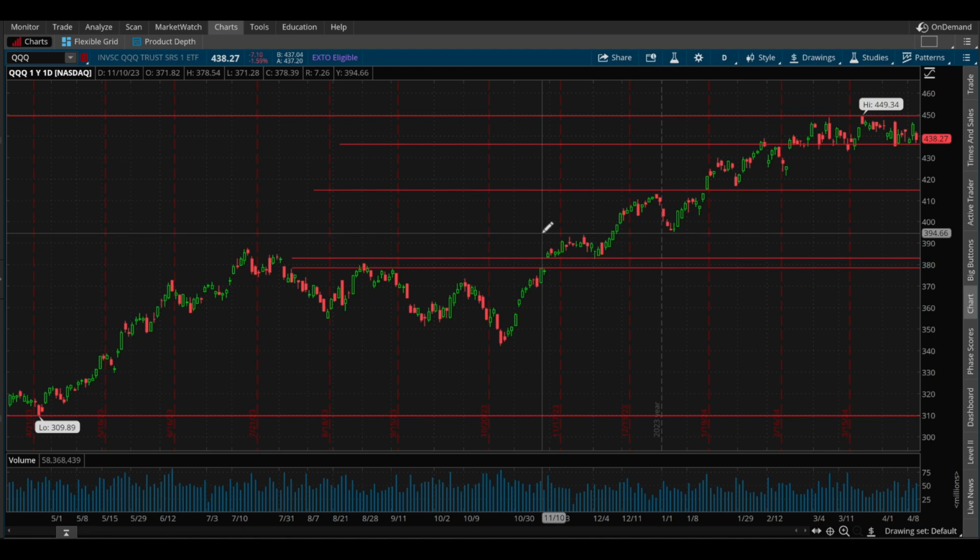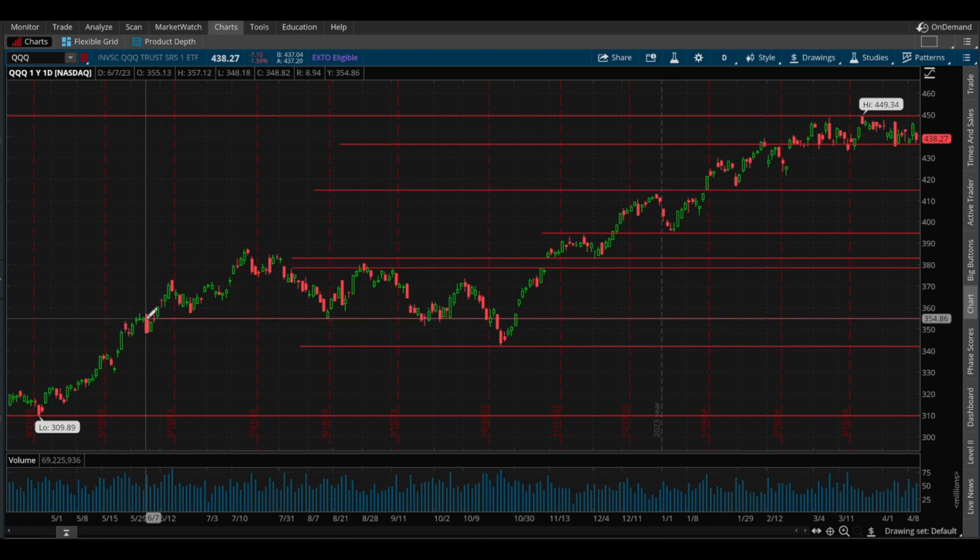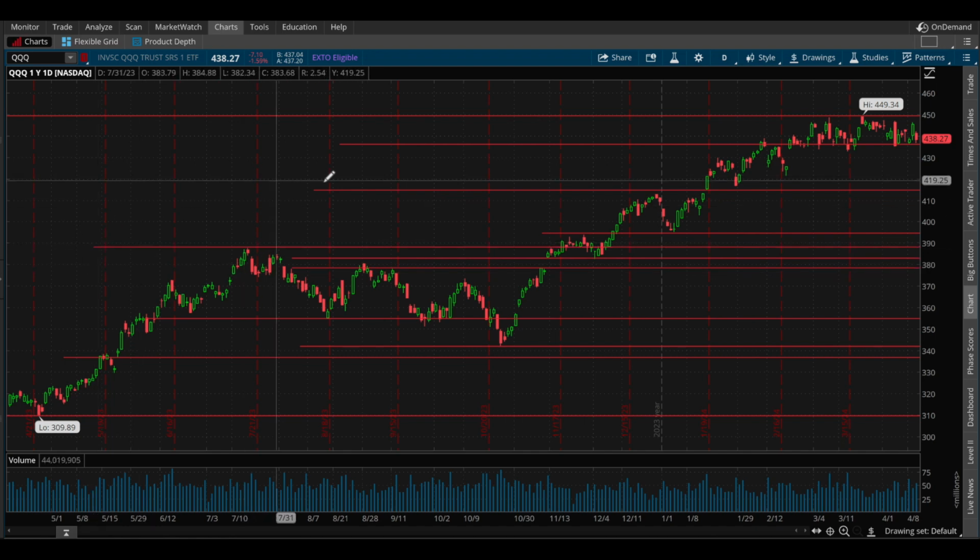And then I see quite a few areas of obvious support and resistance. And again, all of it is about just learning charts and learning technical analysis and the history of how stocks move. So I'm not going to do too much on the yearly, okay?